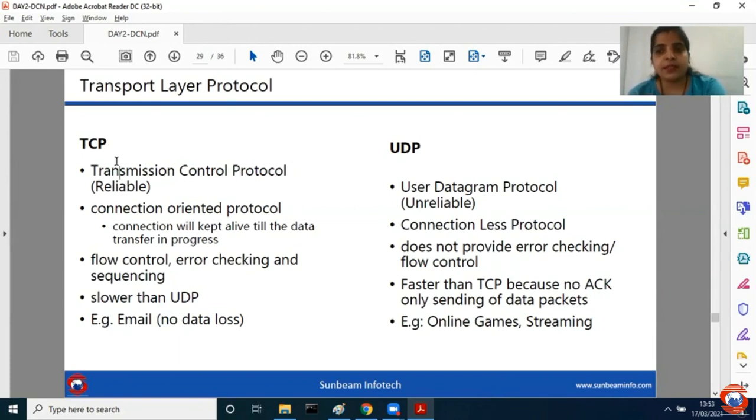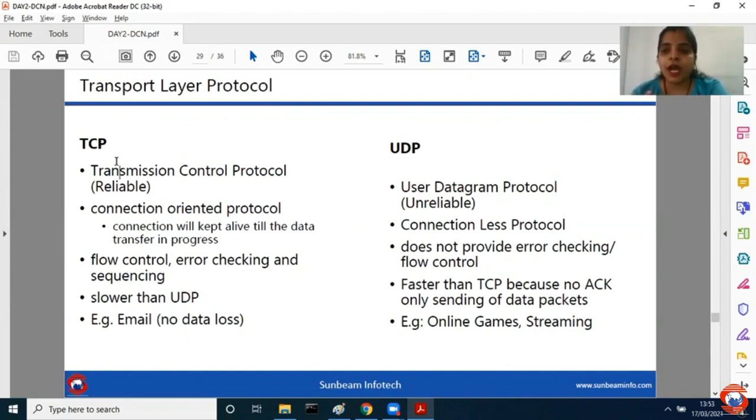But let us take another example: while watching online games, video streaming, or live matches. If there is jitter or delay for a fraction of a second, does it matter much to me? It hardly matters, because if there is data loss for a fraction of a second, it is absolutely fine for me.